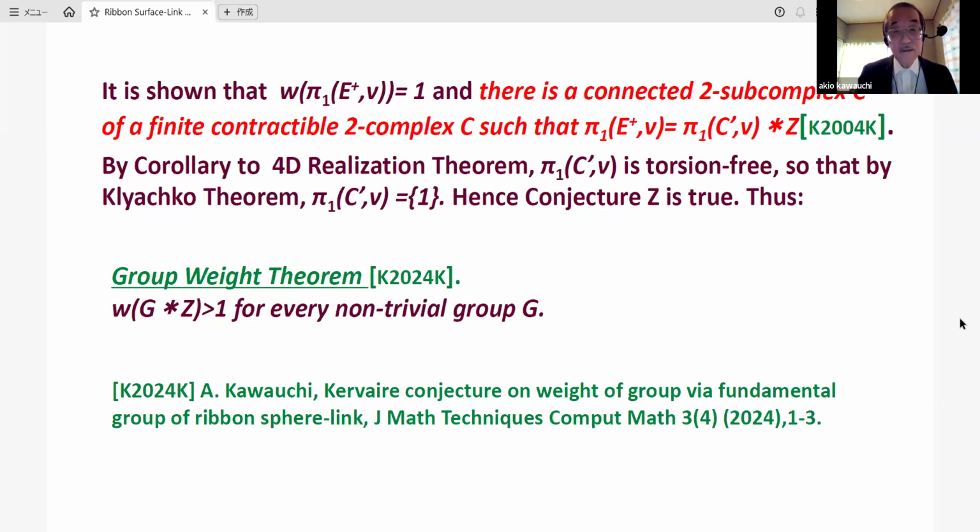Hence, Conjecture Z is true. Thus, the group weight theorem is obtained, which says the weight of G * Z is greater than 1 for every non-trivial group G.